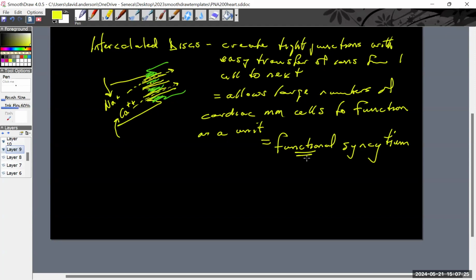So a functional syncytium is as opposed to a structural syncytium. You may not be aware of it, but you've already talked in A&P 100 about a structural syncytium. The best example is a skeletal muscle cell.